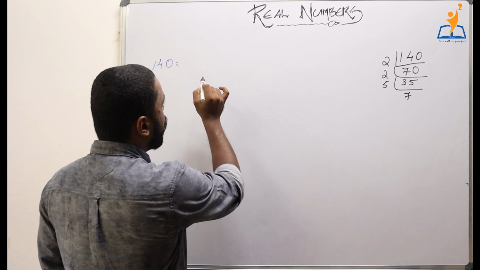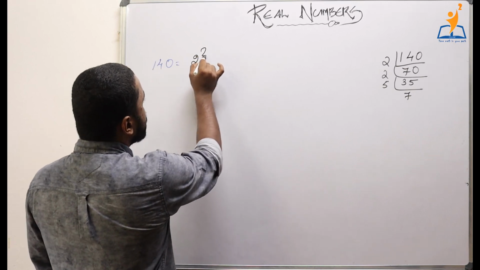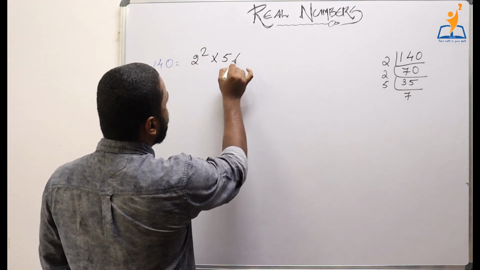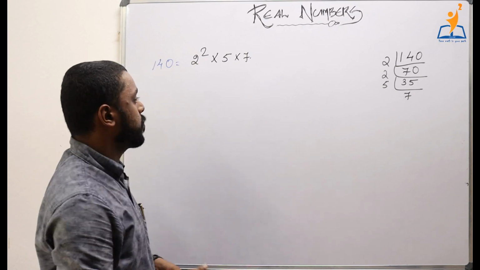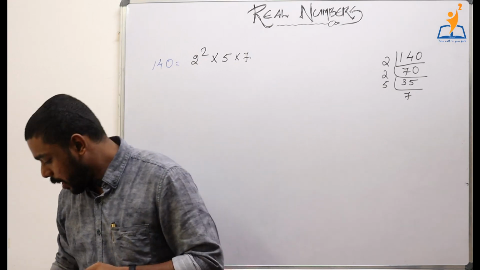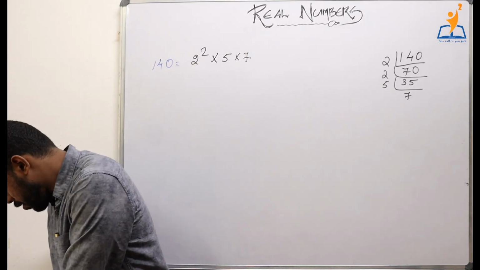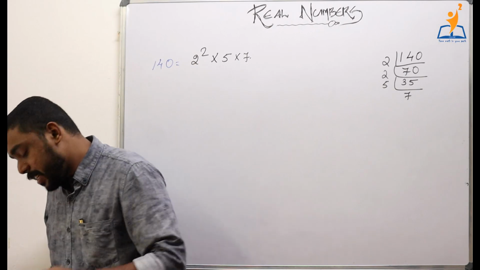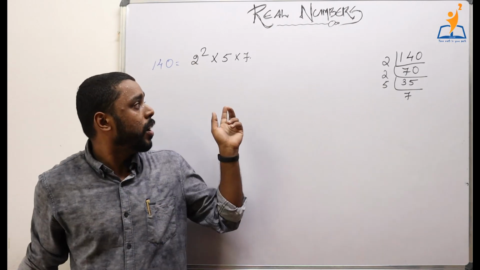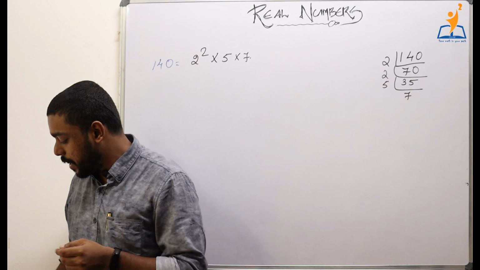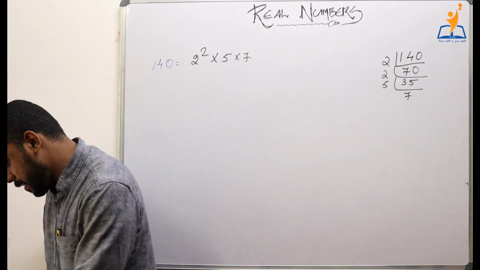So we have 140 equal to 2 square into 5 into 7. Next we have 156. Similarly, you can do the prime factorization of 156 just like this.